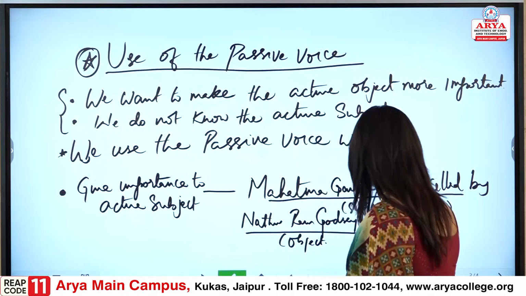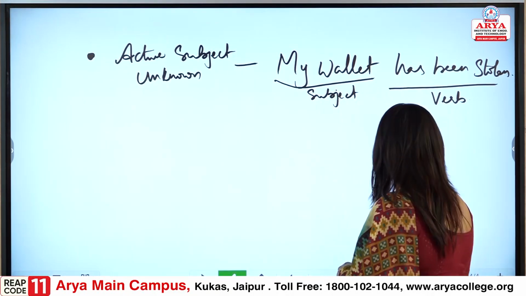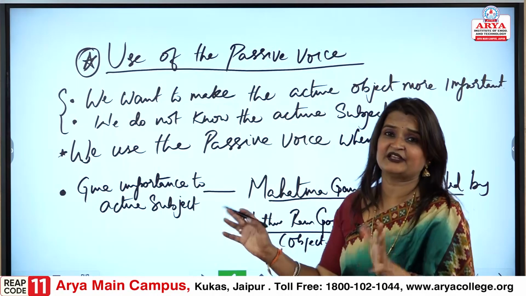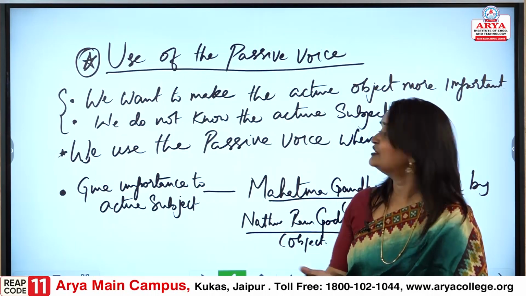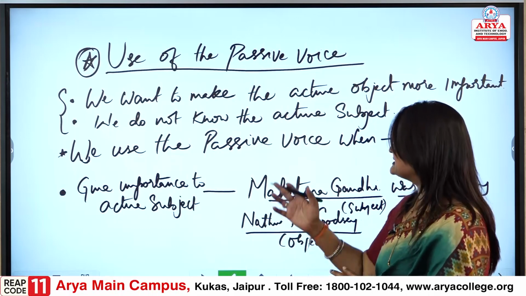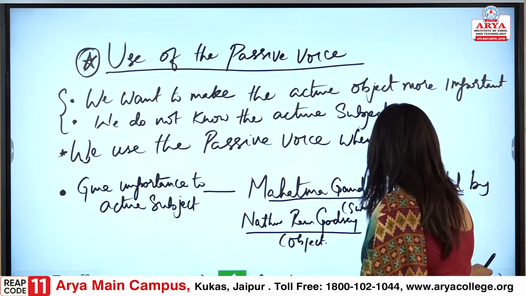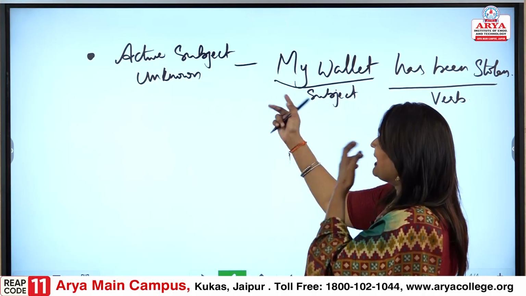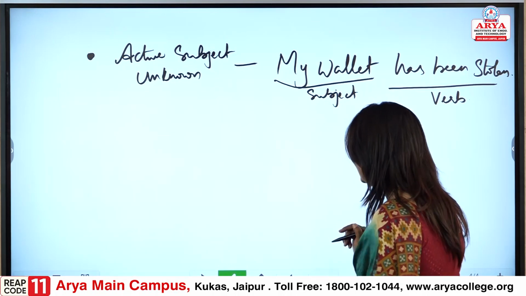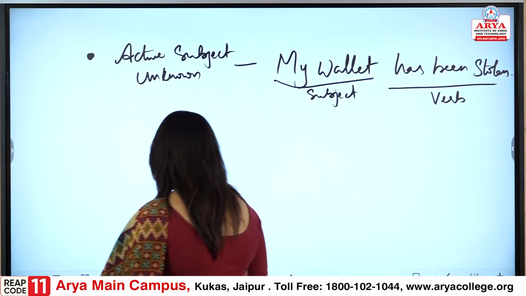And the second thing is we do not know the active subject. Please understand the first sentence and the second sentence, and give importance to the active subject. Here we are saying active subject unknown. So, this point we have covered, we do understand it. Let us proceed further.